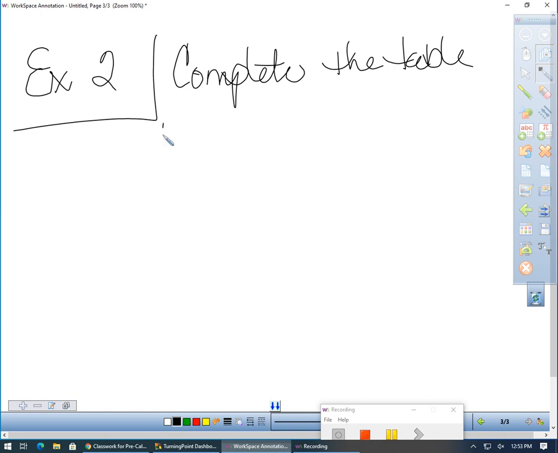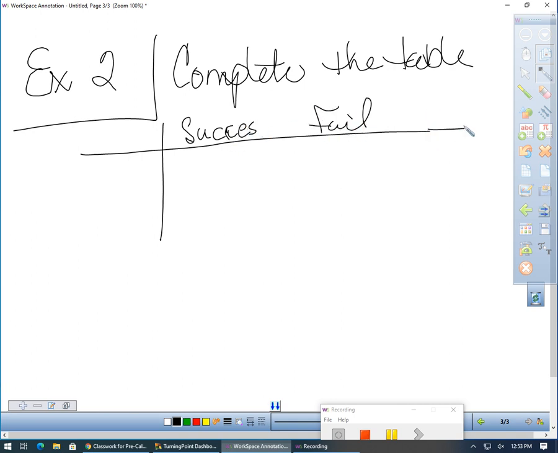Let's say in my table, we have success and fail. My last column, of course, is my total. Let's say you hit left-handed, you hit right-handed, and we have a total down here.